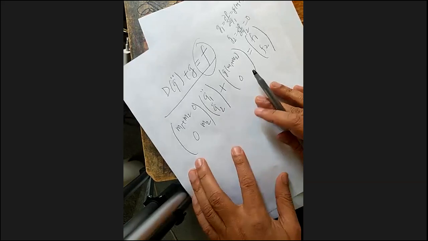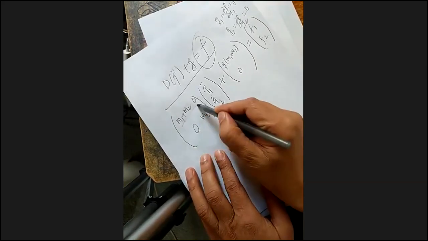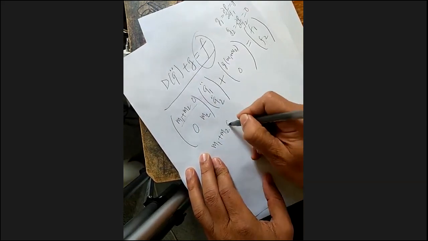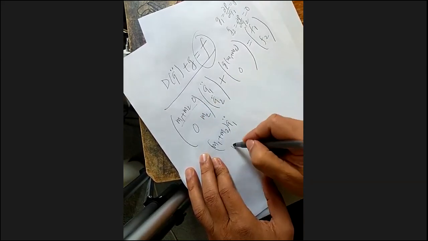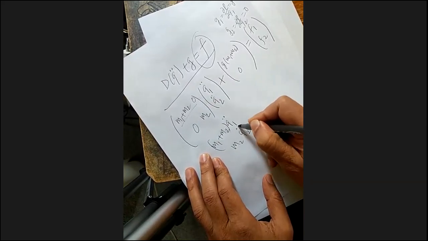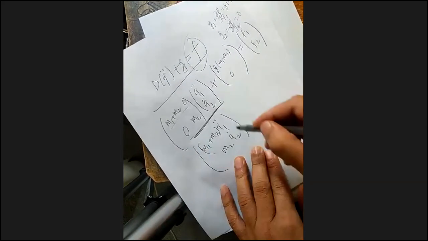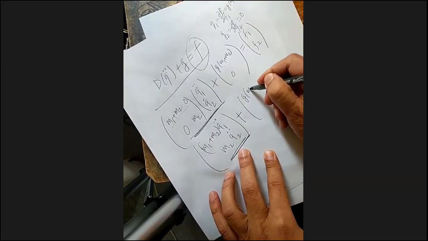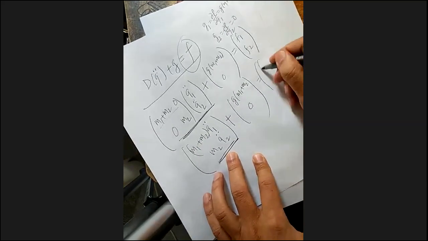Now let's multiply these matrices. What happens if you multiply this with that? (M1 plus M2) q1 double dot, right? Then M2 q2 double dot. That's my first matrix, plus G: g(M1 plus M2), 0, equals F1, F2.